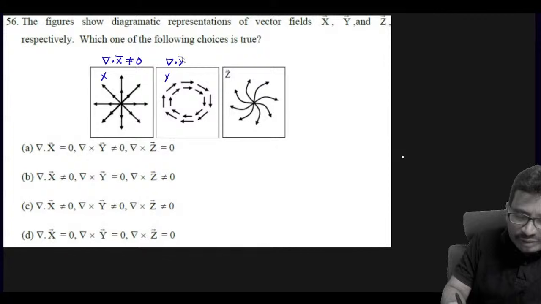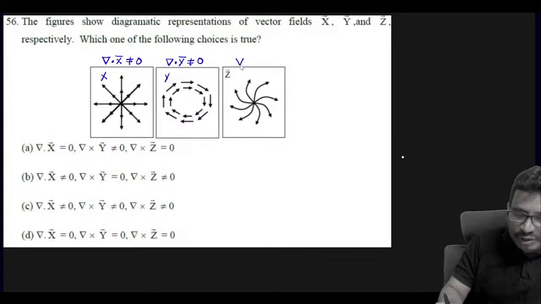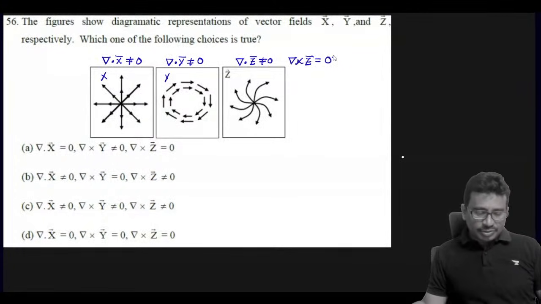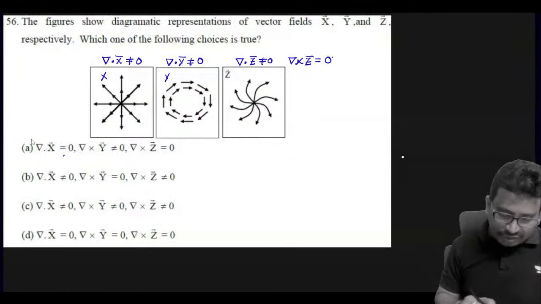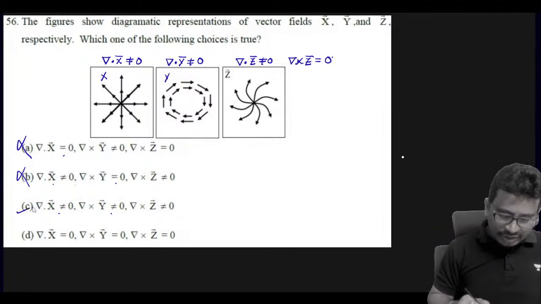It is rotational, that's why curl is non-zero here. And in the fourth case, you see how this field is. It is diverging as well as rotational. So divergence is non-zero and curl is also non-zero. Then which could be the option? Divergence 0, so the first one, no. Divergence is non-zero, curl, this is also no. Divergence is non-zero, yes, this is correct. C.